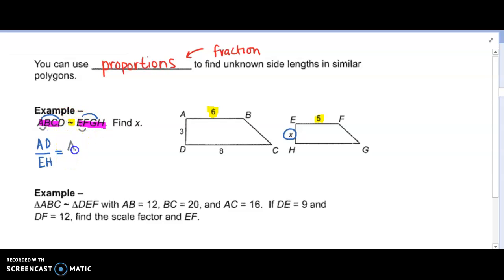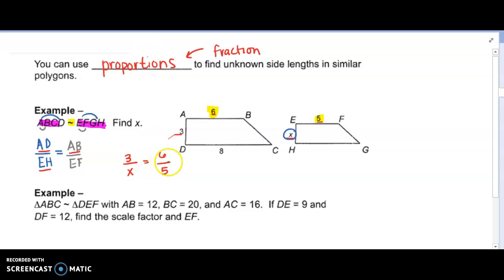So I could say AB over EF. Now if I substitute stuff in, my AD is 3, my EH is x, so 3 over x equals AB is 6 over EF, which is 5.